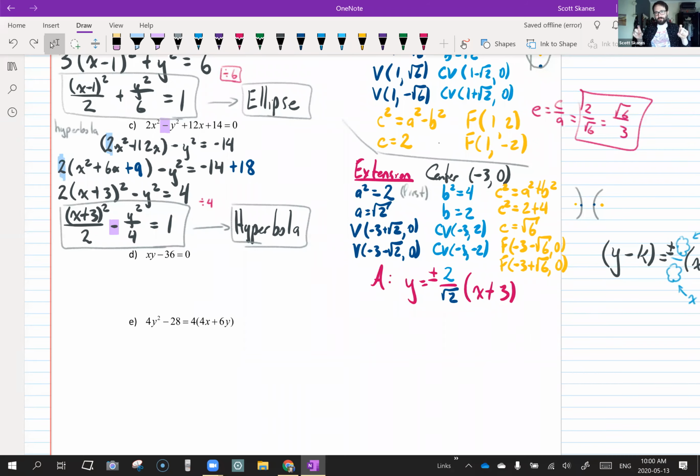Once it's at standard form, it's like the questions we've been doing the entire unit. It's in standard form. Okay, give me the center. Give me A and then vertices. Give me B and then your co-vertices. Give me C and then your foci. The steps are the same. So I feel like we've been doing this topic for a year. We've only been doing it since Sunday, but you know, there's a lot to keep in your head.